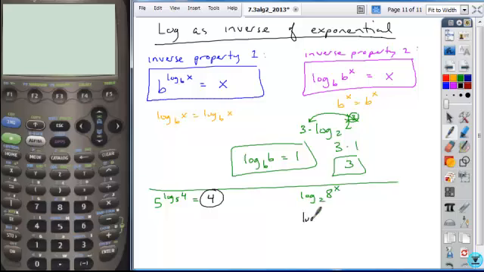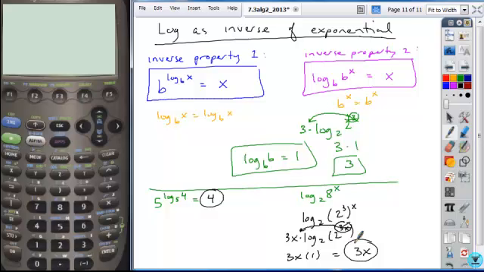Yeah, so you would use that property. 8 is 2 cubed to the x. When you take a power to a power, you multiply the power, so we get log base 2 of 2 to the 3x. And now we can apply this property. We pull our power out front. So it becomes 3x out front. Log base 2 of 2 has a value of 1 using this property. And so you just get your answer of 3x for that expression.